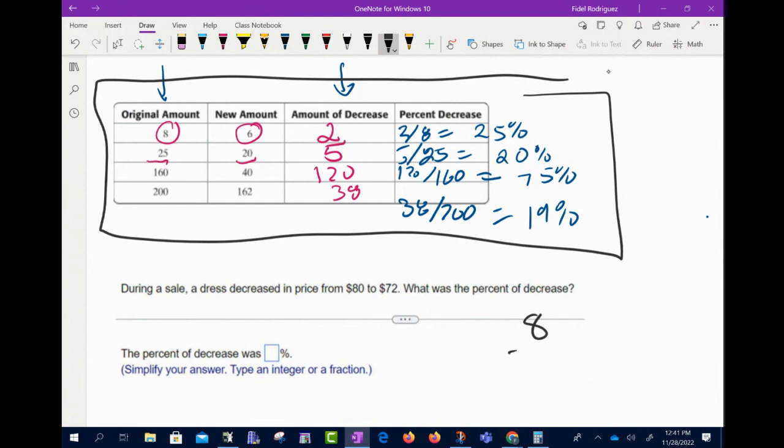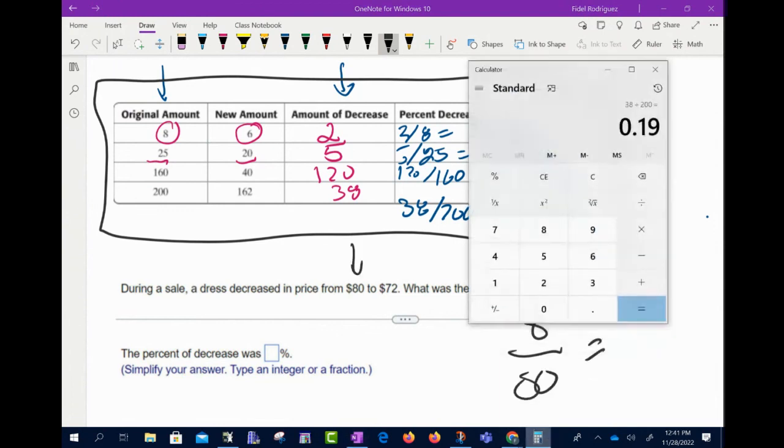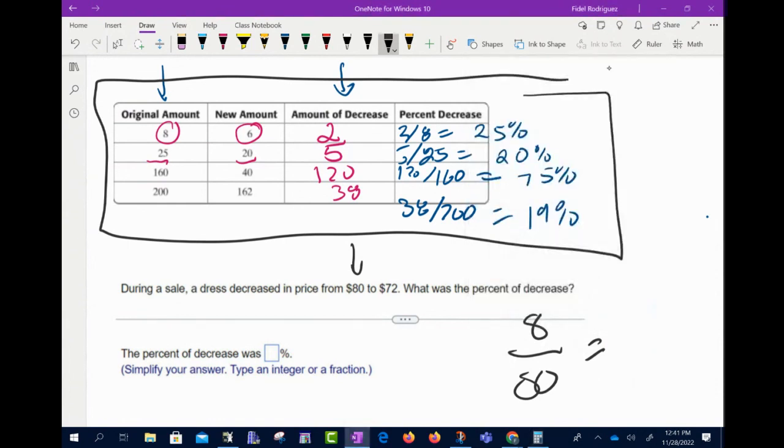And now I have to take this number and divide it always by the original amount. So 8 divided by 80, 0.1, which is the same thing as 10%, right? So it went down by 10% because it's 0.1, move your decimal point 2 spaces over, and you got it, right? So if I know how to do this problem, y'all, I can do this one too.